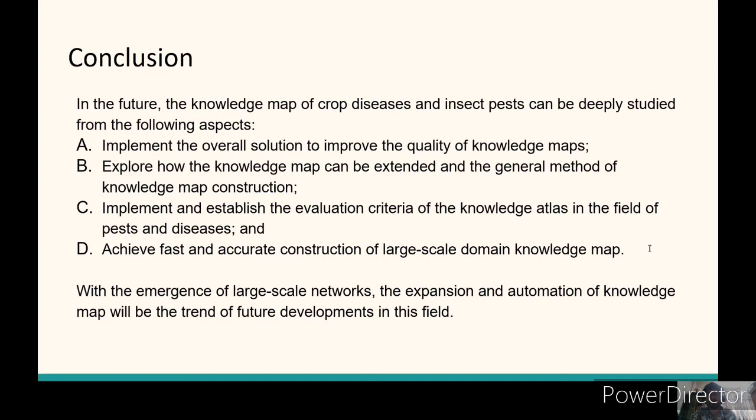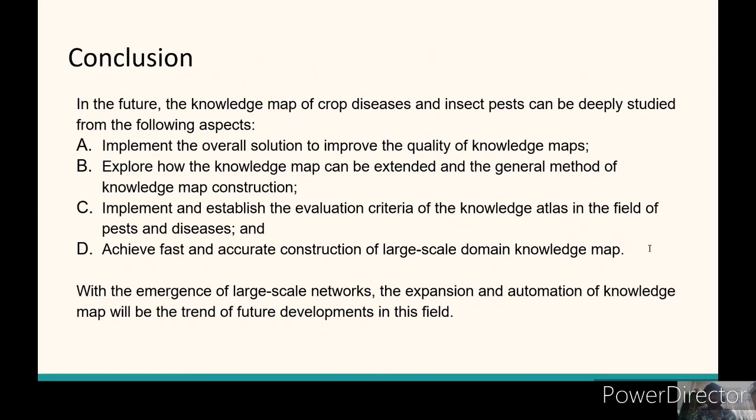The development of intelligent agriculture and precision agriculture is greatly significant and is also a future research hotspot. The combination of knowledge atlas and pest knowledge will promote the automation and intellectualization of crop pest and disease related systems. Many attempts have been made to study the knowledge map of crop diseases and insect pests, but they were not perfect.